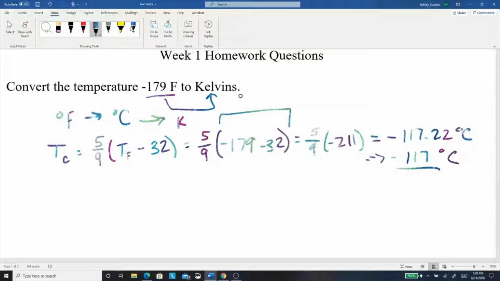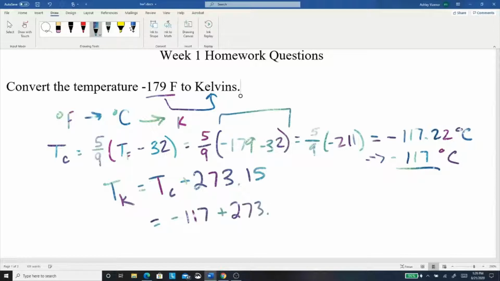And now to go from Celsius to Kelvin, our temperature in Kelvin is equal to our temperature in Celsius plus 273.15. So that is negative 117 plus 273.15.